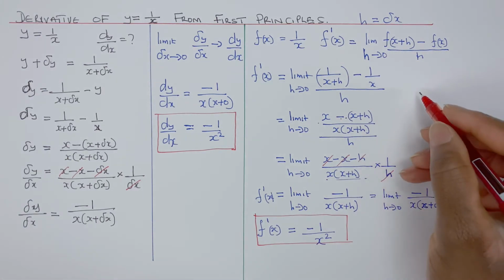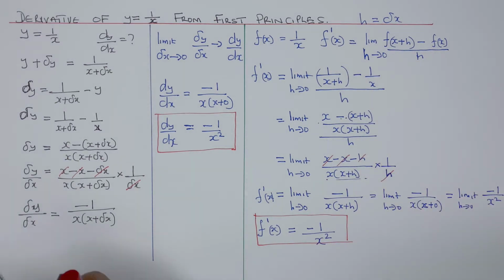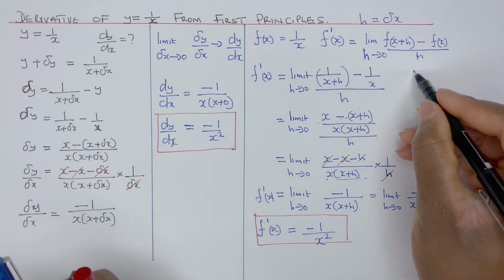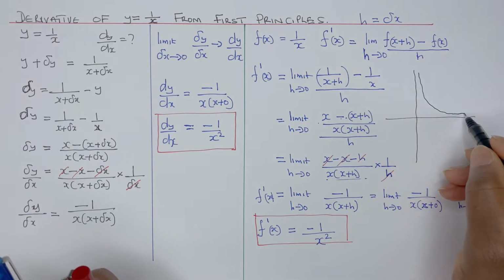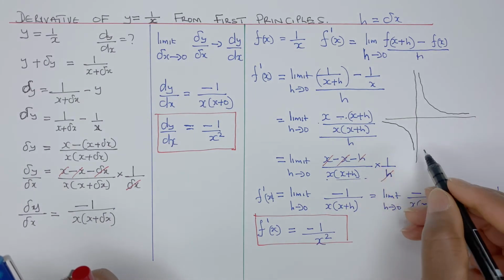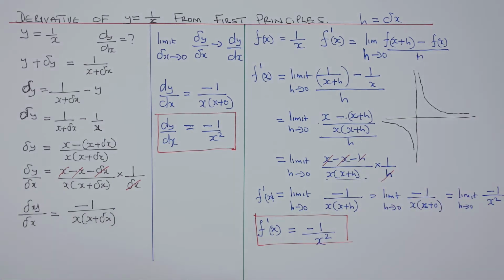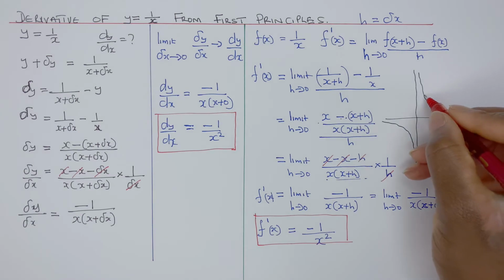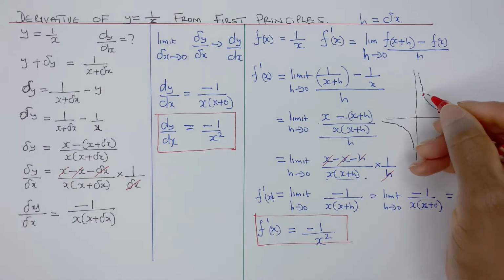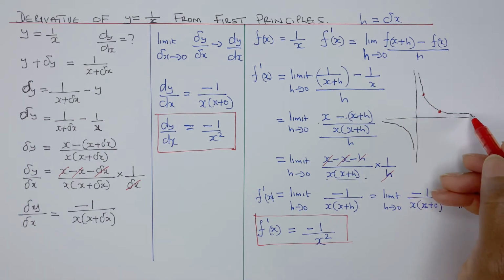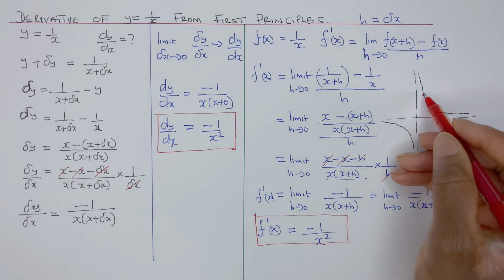Delta x, because what's going on is basically you've got a graph of 1 over x. And you are basically differentiating from a point to another point. You can see it's a curve, and the curves are changing, and the gradients are changing here.